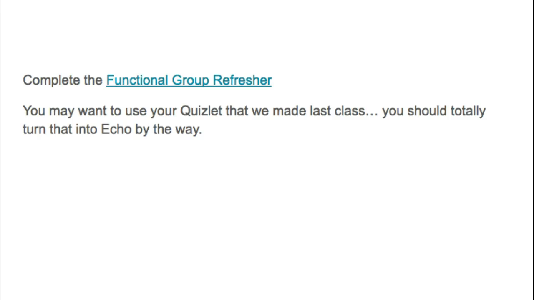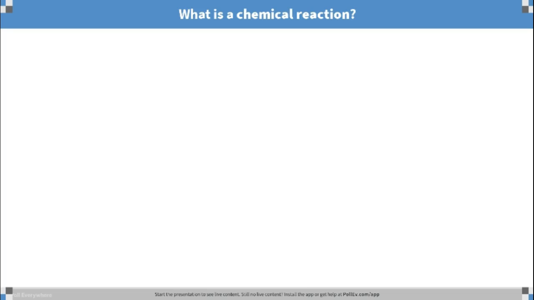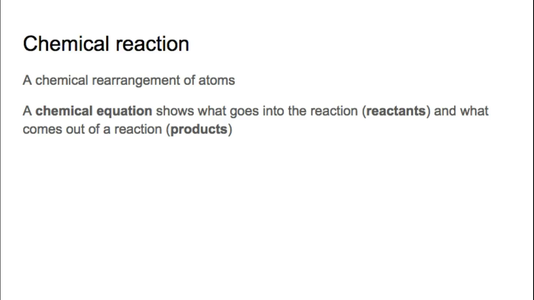Okay, so when we talk about smells, when we talk about compounds, we have to ask ourselves, what is a chemical reaction? Basically, a chemical reaction is when the actual elements get rearranged to form some sort of new molecule. You take the atoms and you rearrange them to form something new.